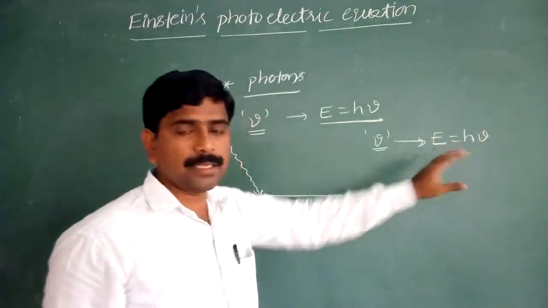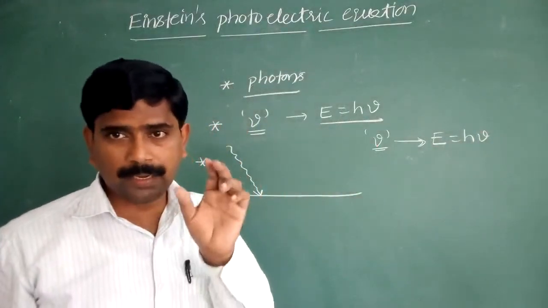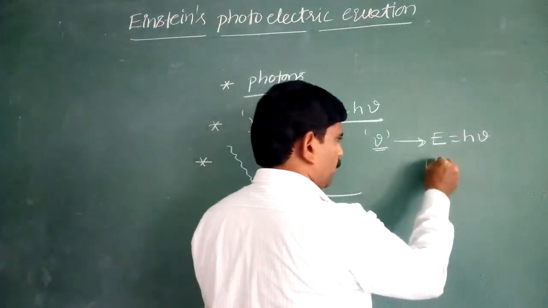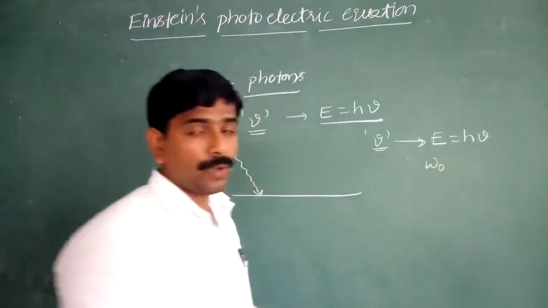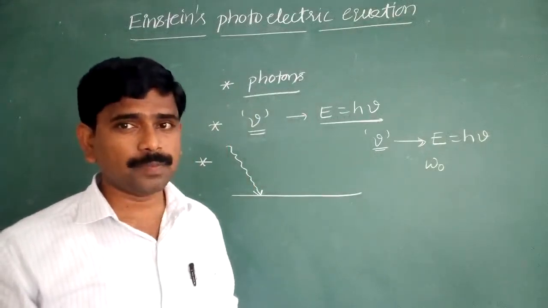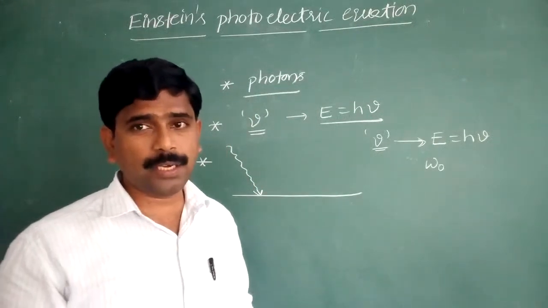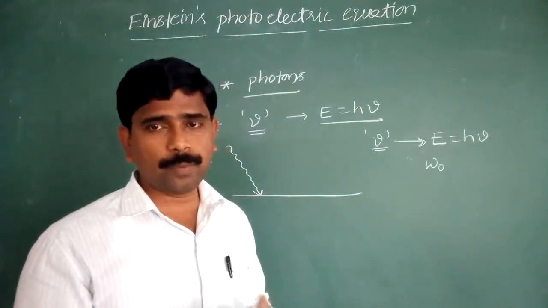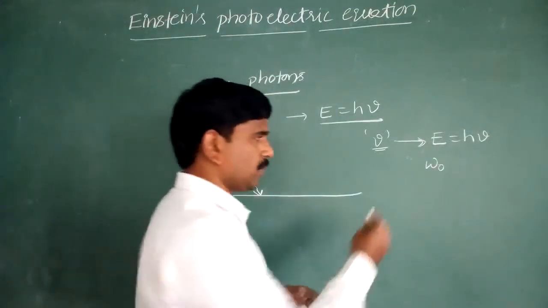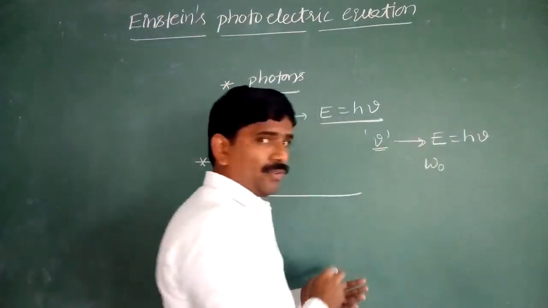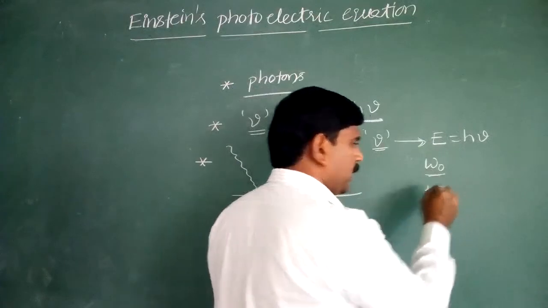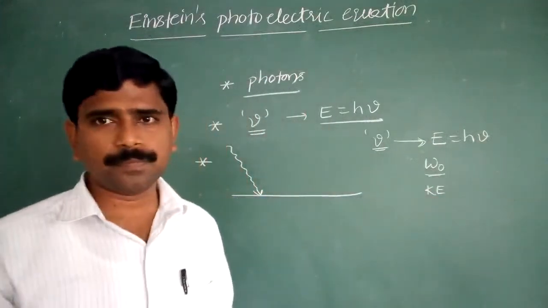In this energy, some part is utilized to remove the electron from the metal surface. We call that the work function, the minimum amount of energy required to remove the electron from the metal surface. And the remaining energy is converted into kinetic energy.